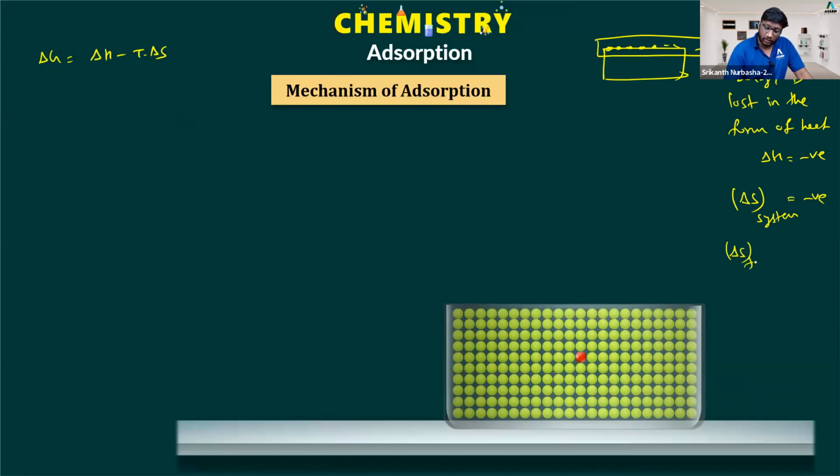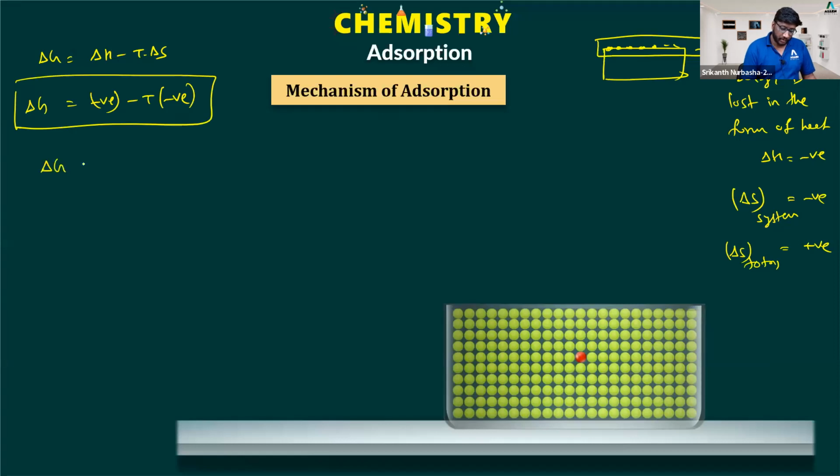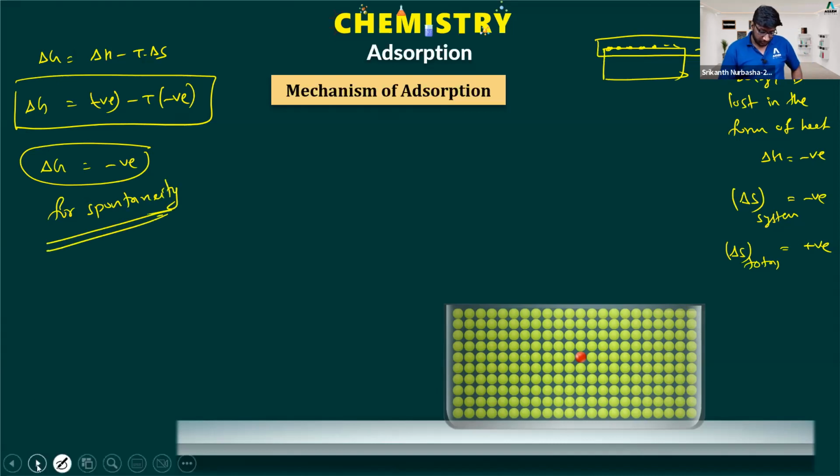Delta S total is positive. Negative minus of T into negative. Delta G should be positive. Delta G should be negative for spontaneity. Right?